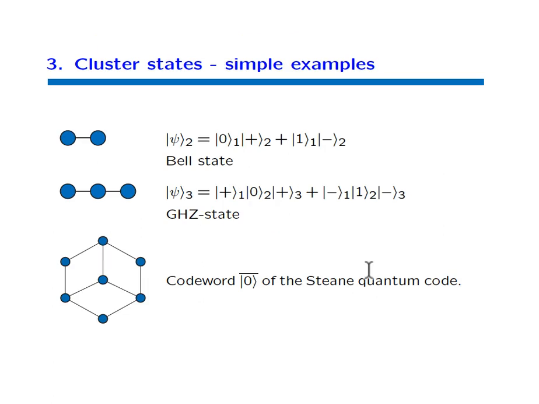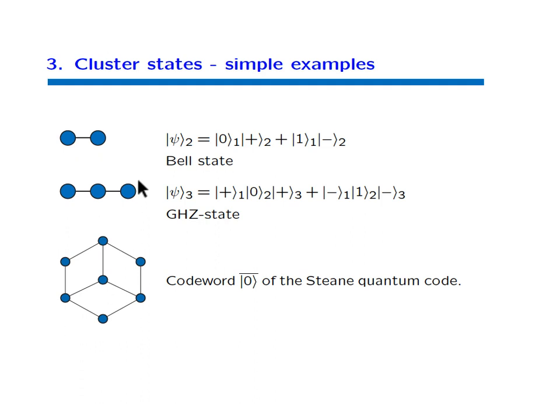Let's move on to examples. So obviously the simplest cluster state is the cluster state of 2 qubits, and this is also a state of interest in the quantum information and quantum foundations literature. Namely, up to local unitaries, the 2-qubit cluster state is a Bell state. Okay.